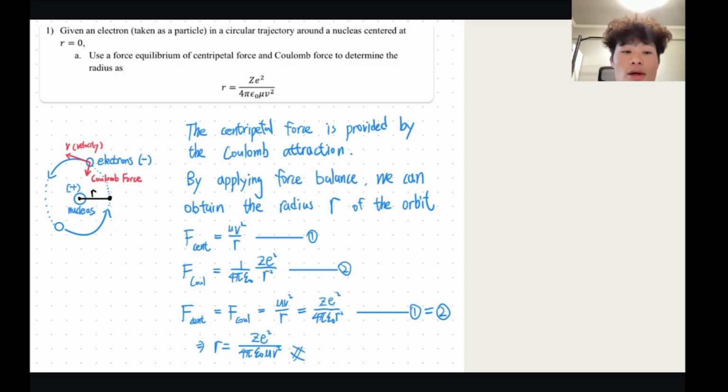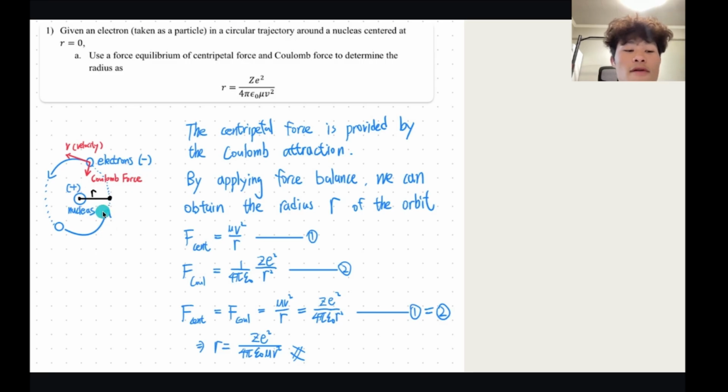First, in question A, I will solve this equation by using the force equilibrium, which is the force balance. In the picture, the electron is traveling in a circular orbit around the nucleus, and the electron is carrying a negative charge.